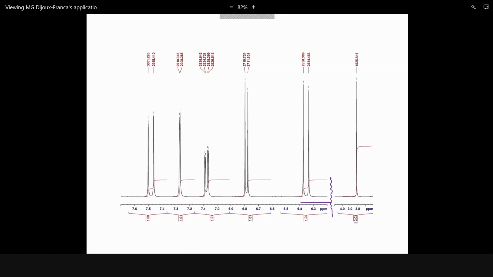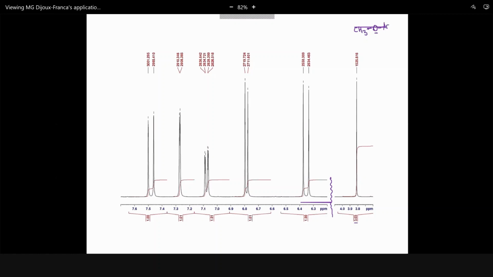The integration said it's 3 protons, so I confirm that this is a CH3. The chemical shift told me that it's a methyl close to an oxygen and on an aromatic ring.